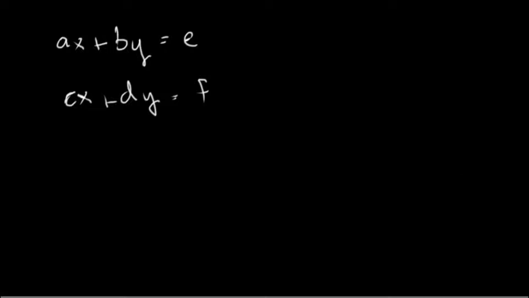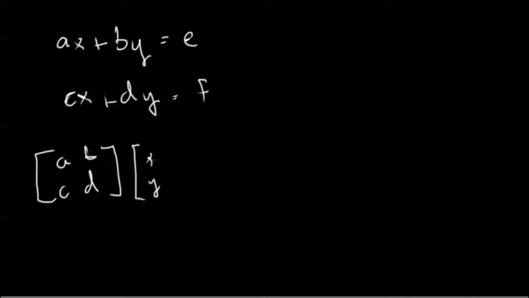Here I go. Convert this thing to a matrix equation. Got my coefficient matrix. I have my column vector for my solution. All right, cool. I'm going to go ahead and multiply the left-hand side by the inverse of this matrix right here.